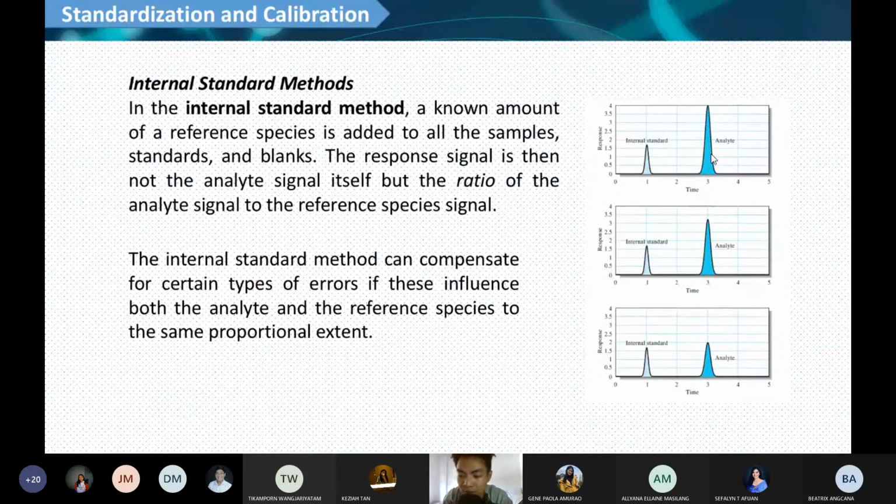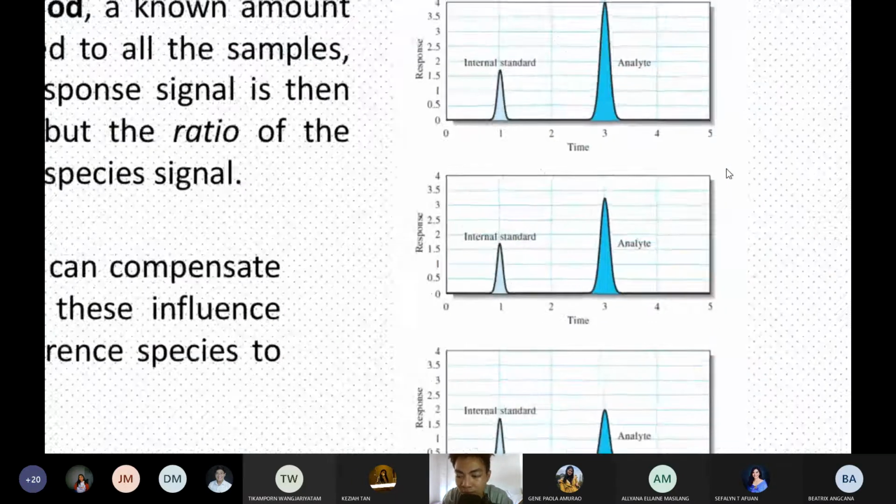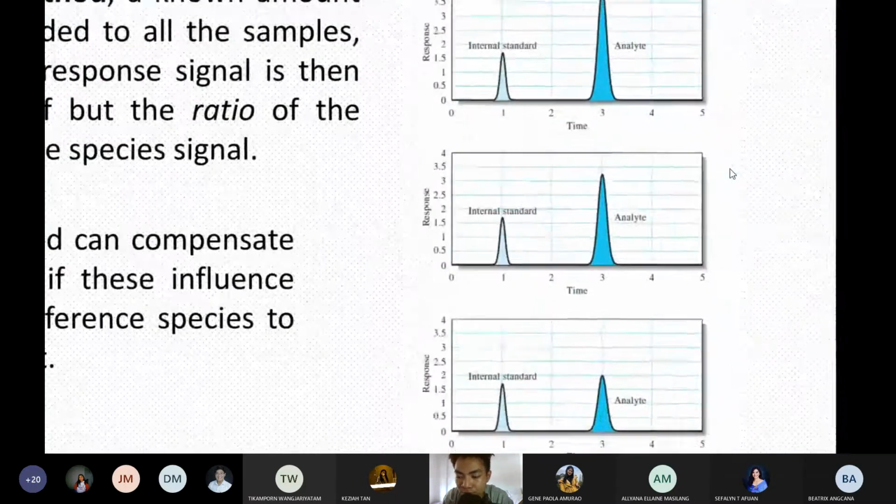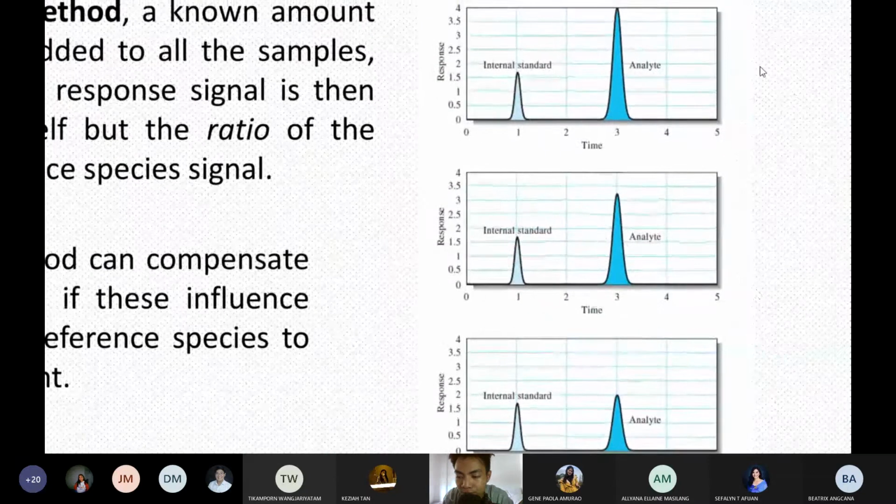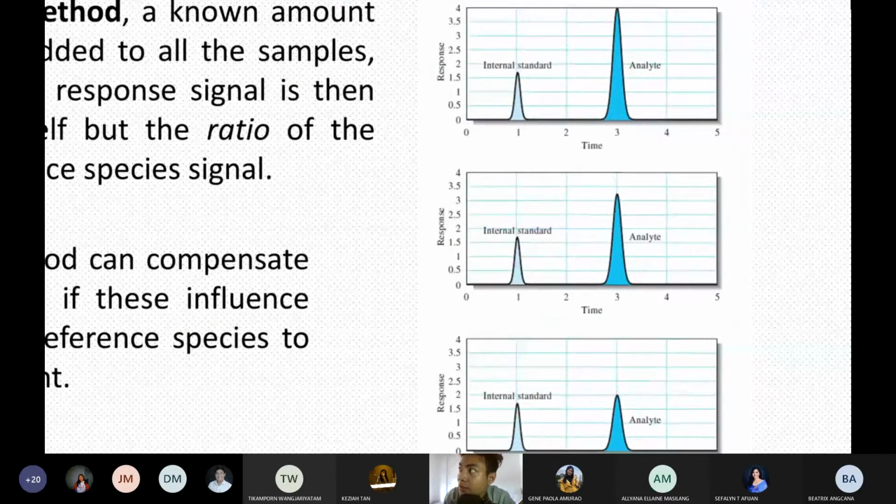Okay. So suppose we have this chromatogram here. So in these graphs here, no. So what happened here is that this is our sample, okay, and then we have the analyte reading here, which changes. However, your internal standard solution has a constant reading.